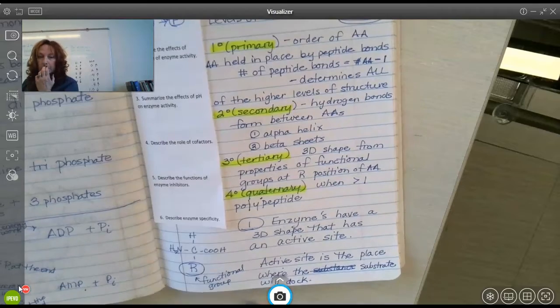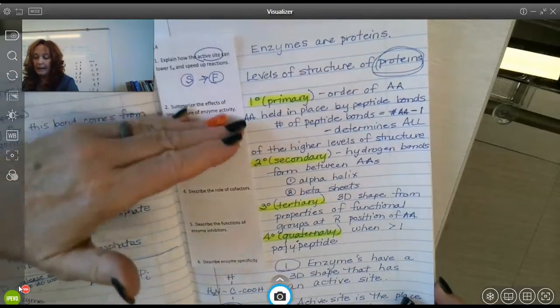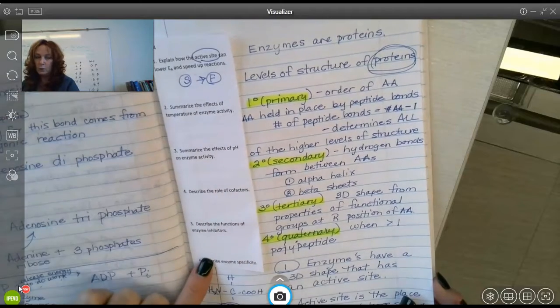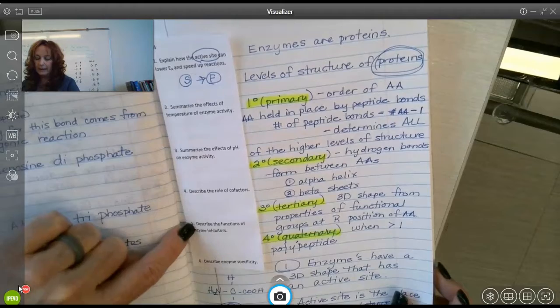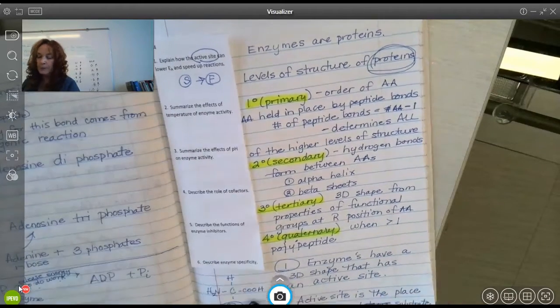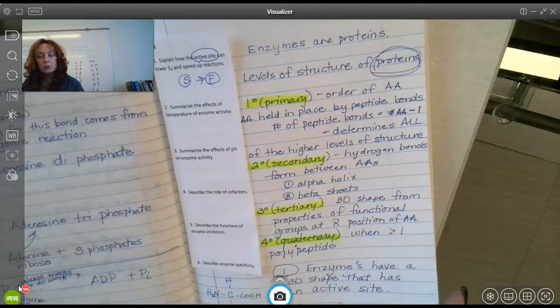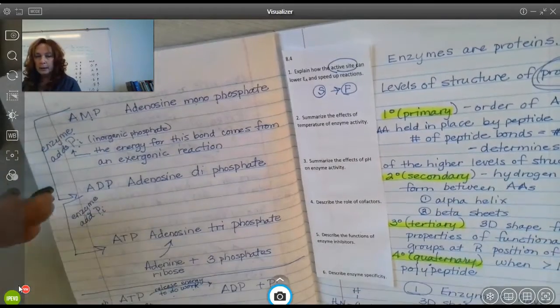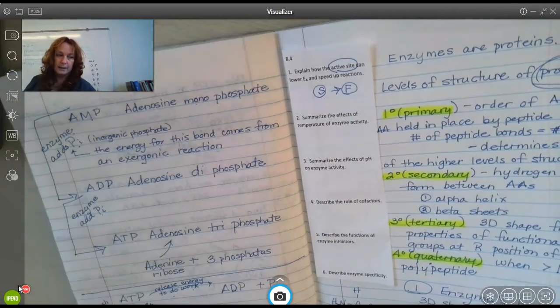Okay, so here's what I want to do, because we're going to continue to add things. I'm not going to do these in order. I'm going to do 1, and then 4, and then 5, and then 6, and come back to 2 and 3. So we're at 1, we have an enzyme, and we're going to work on building a more complete model of what an enzyme looks like.